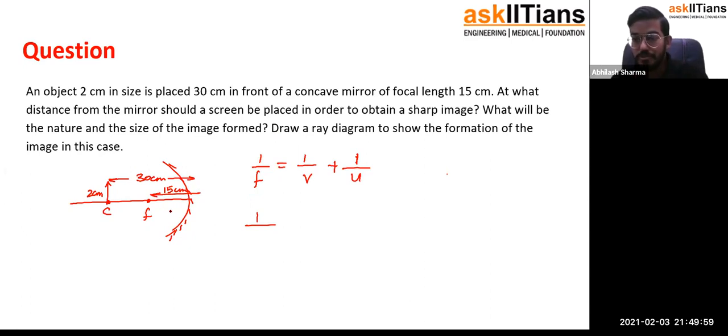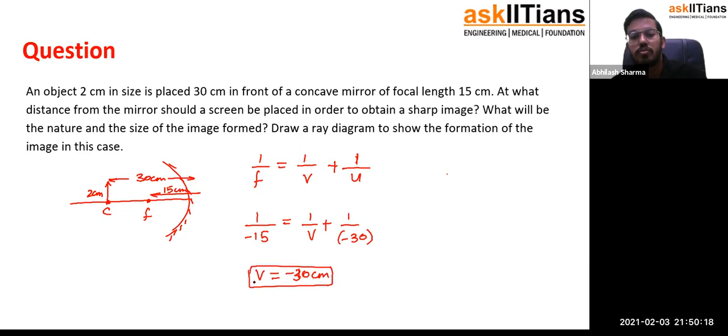Do you see in the diagram? 15 is to the left. So negative 15 equals 1 by v plus 1 by u. Object distance is also to the left, negative 30. And when you solve that, you will obtain v as negative 30 centimeter only. So the formula gives you the same answer, isn't it?